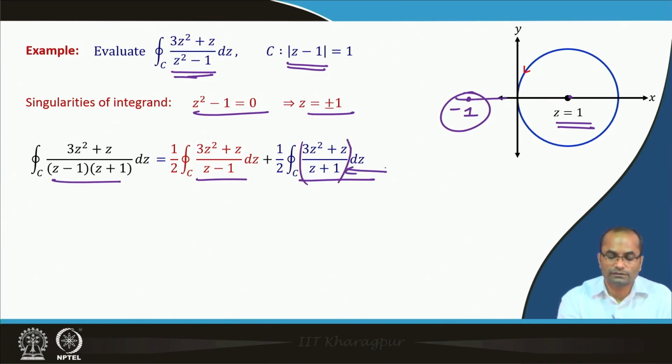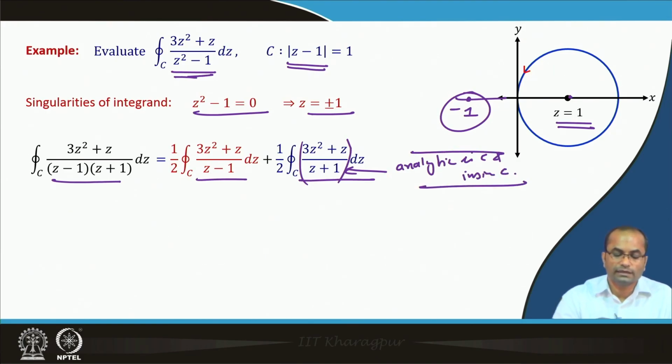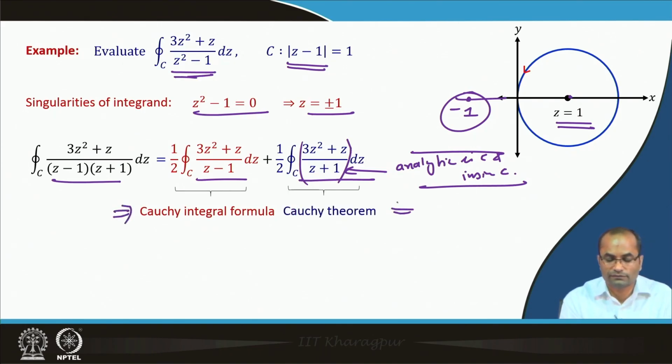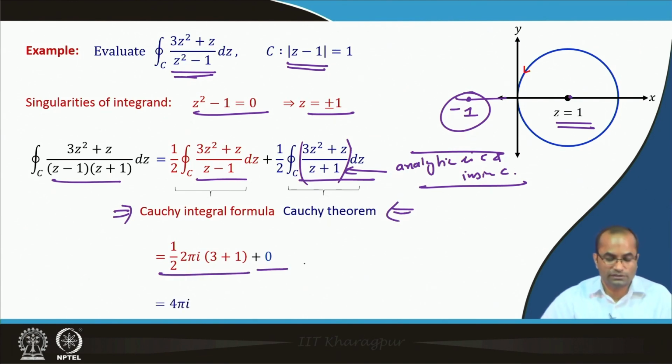So, this is analytic on C and inside C, and the Cauchy integral theorem can be used here. For the first one we have to use the Cauchy integral formula, and for the second one we can use the Cauchy theorem. So, it says that this plus this 0, and the total answer we have is 2 pi I.